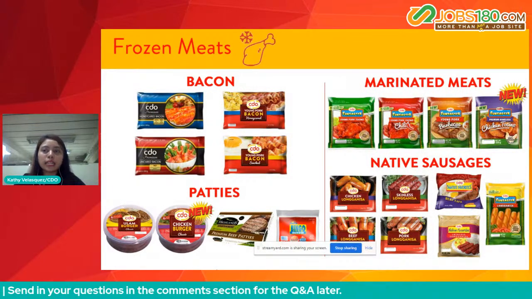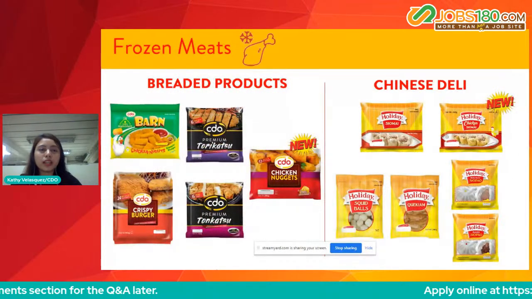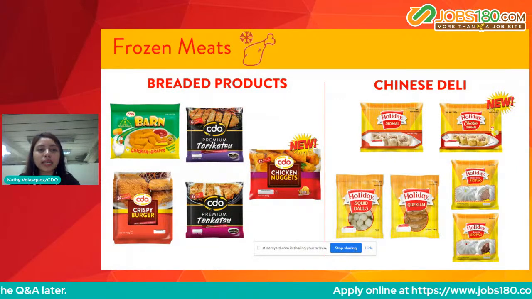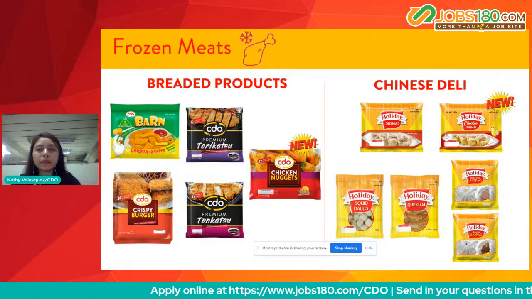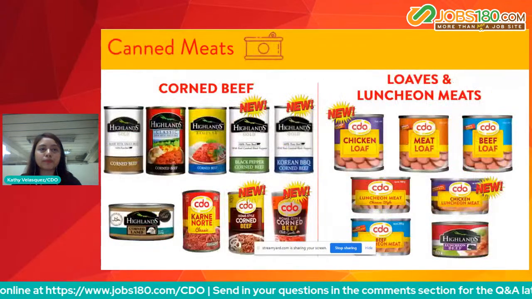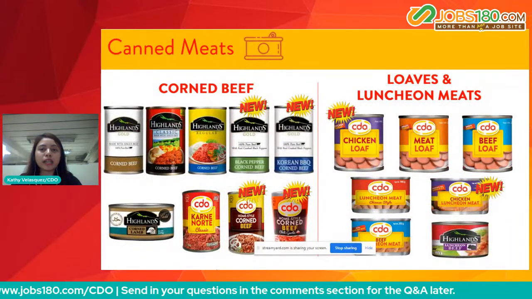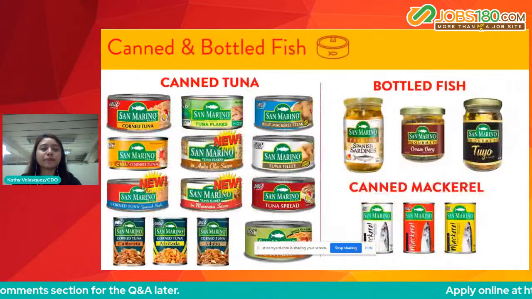So, kanina nga, no, may chicken ham na tayo. Siyempre, may chicken tocino din. Breaded products like chicken nuggets or burger patties. Chicken deli naman, siomai, kikiam, speedball, siopao. Canned meats, yung chicken loaf, luncheon meat, and yung corned beef natin, no? So, Carne Norte and Highlands.